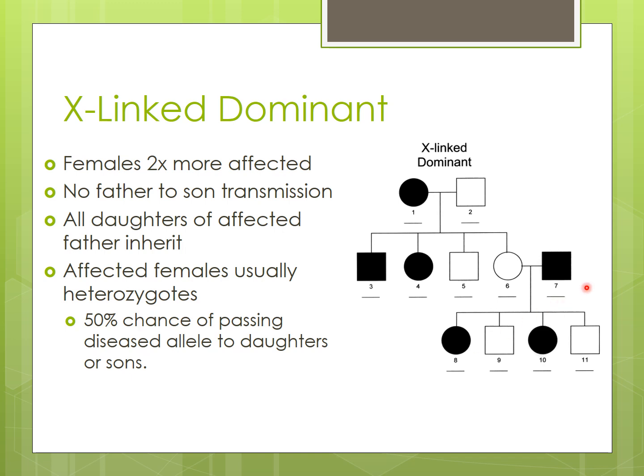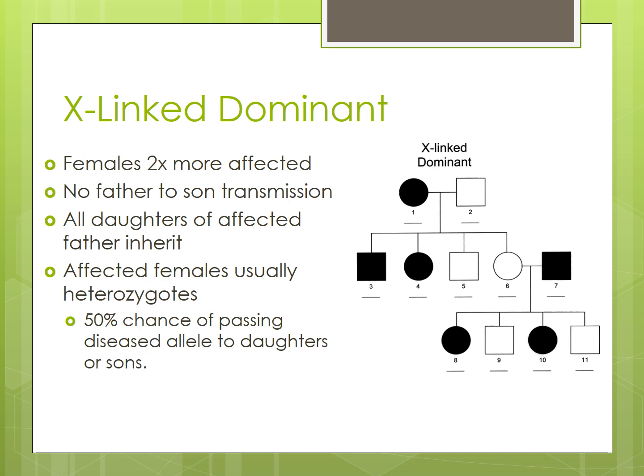As you can see here with individual 7, who is an affected father, he has no sons that are affected, only his daughters are affected. Now, all daughters are affected from the father because all daughters would get an X chromosome from the father, and if the father is affected, then it has to pass on that X chromosome with the affected gene. So all daughters of that father would be affected, as you can see here.